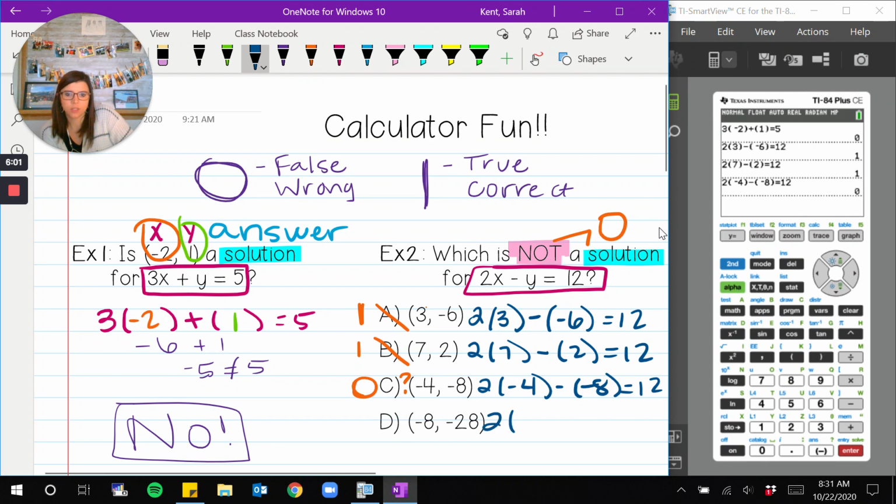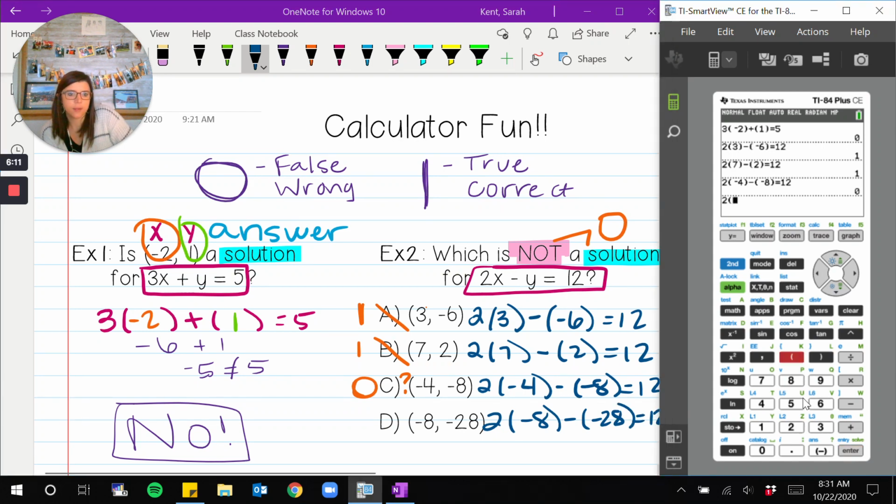So 2 times negative 8 minus negative 28 equals 12. So I'll type in 2 times negative 8 minus negative 28. Second math to get my equals. Oops, not 11, 12.